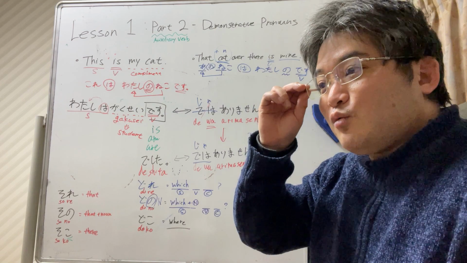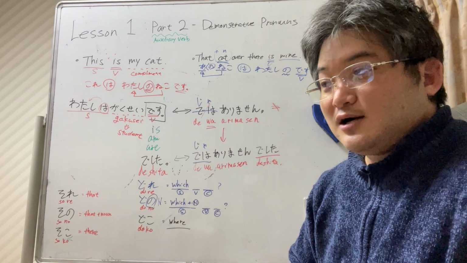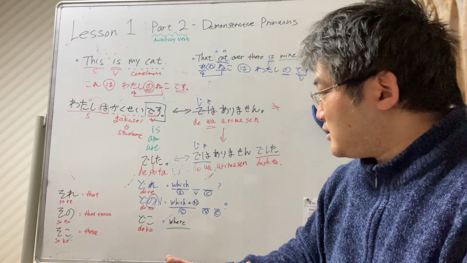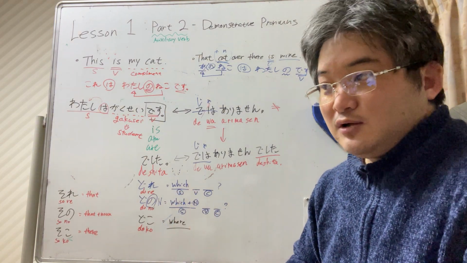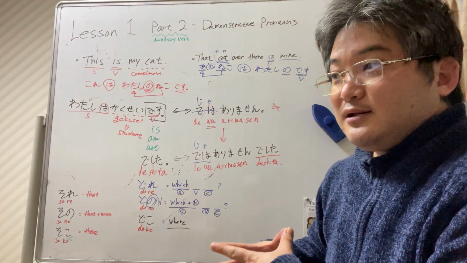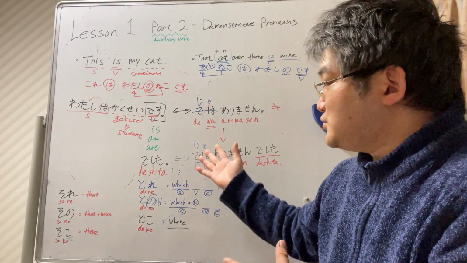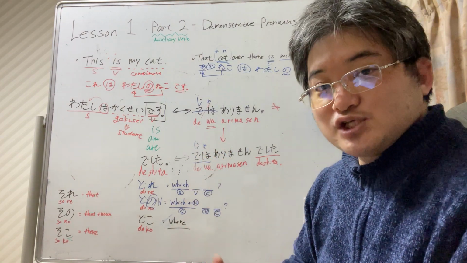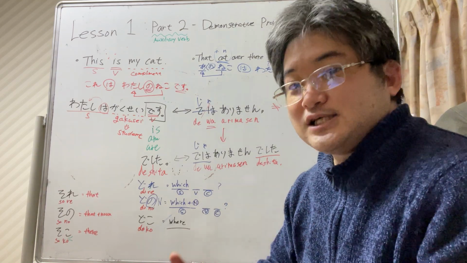You do need to know what ja is, right? Ja is a collapsed form of dewa, so it comes from dewa arimasen. And when you know that, you can apply it in different situations, like ja, let's eat lunch.